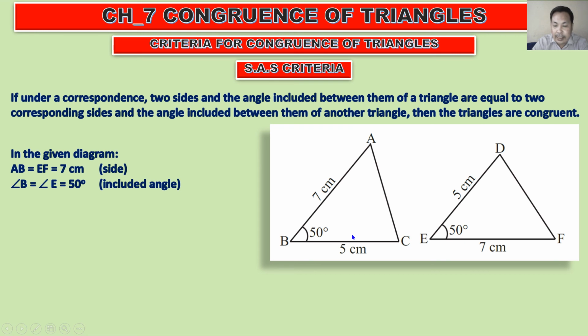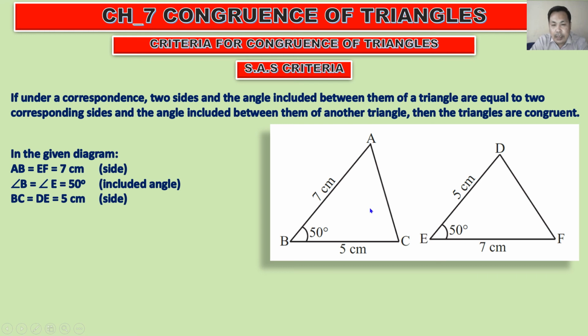Next we have BC equal to DE, which is another side. So we found that two sides are equal in these two triangles, and the included angle, formed between the corresponding sides, is also equal.